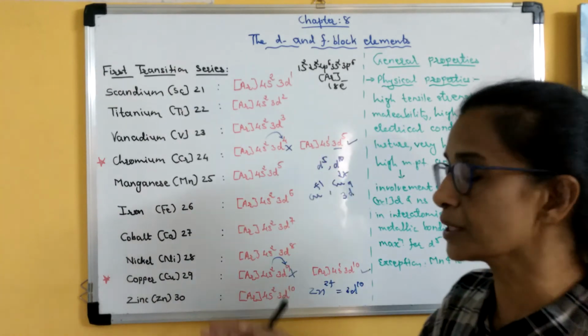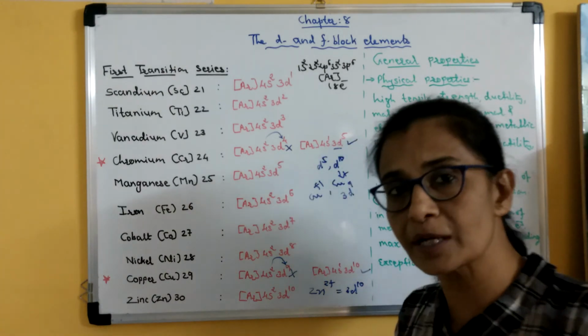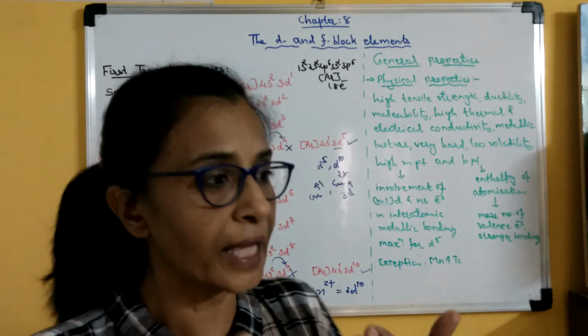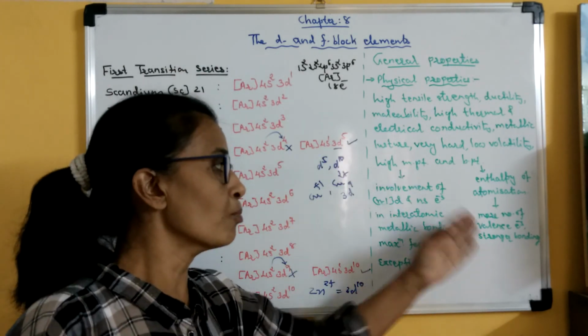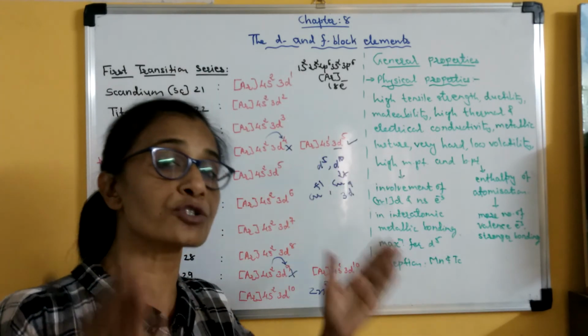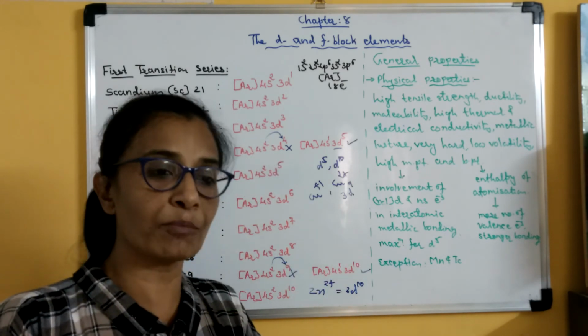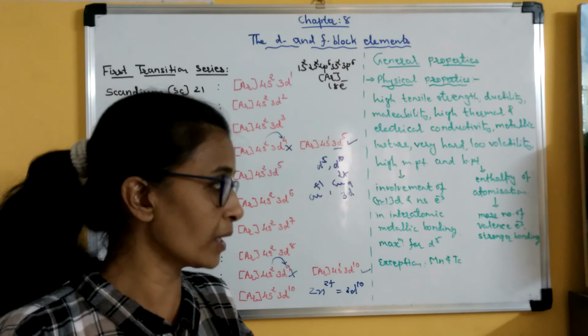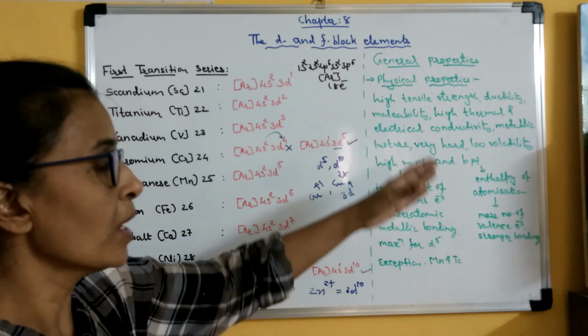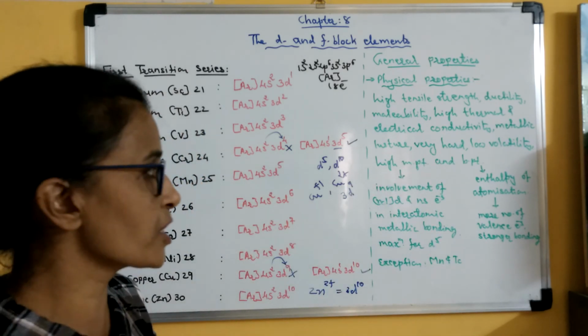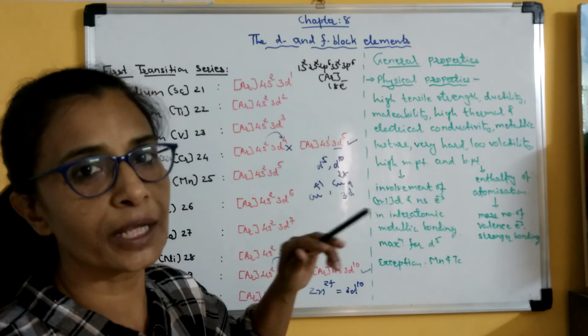When transition elements combine with some other elements in order to form compound, then in that compound also more number of valence electrons of the transition element are involved in bonding, and so that bonding is stronger. Clear? And that is why they have higher enthalpy of atomization and higher boiling point.